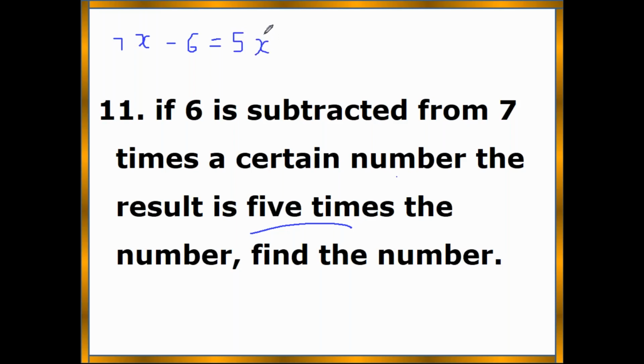If you simplify, you get the number. So 7x minus 5x is equal to 2x, which is equal to 6. From that, x is equal to 3.